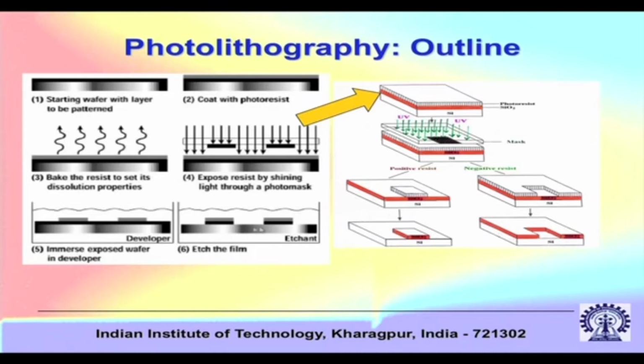You can see here the structure that you eventually get. If you use an etchant, the part of the black SiO2 film which is exposed to the etchant is gone. Only the part which is not exposed to the etchant will remain. So you can see a groove like structure has been formed on the silicon substrate.